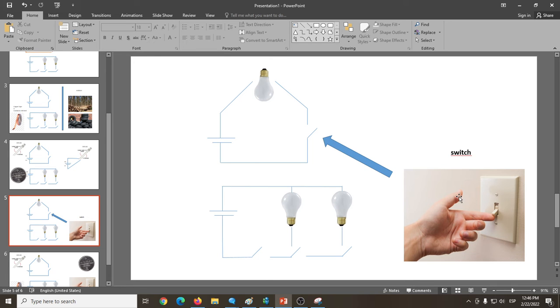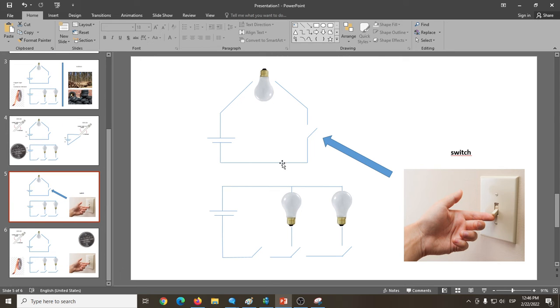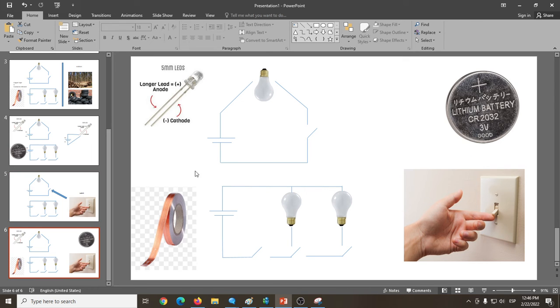If you open the circuit with the switch, you turn the light off. So it's the same thing. Okay, you are going to do it here in the classroom. So ladies, we have these elements. We are going to create this circuit with this LED, with the copper tape, with a battery, and simulating the switches. That's it. Thank you so much.